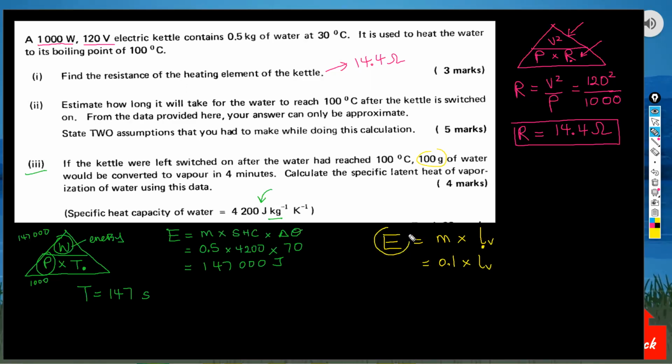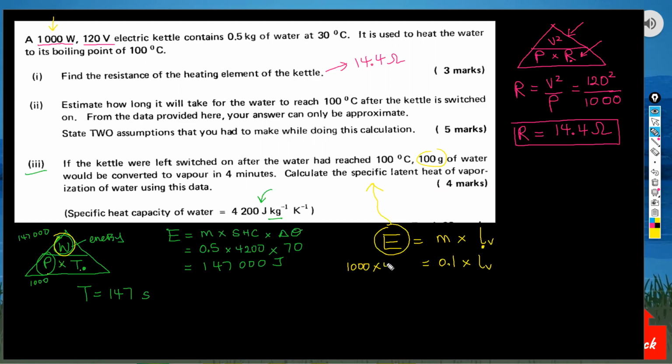We still have to find LV, but they didn't give us the energy for this process. Remember, energy and work are the same thing. How do you calculate energy? You take the power and multiply it by the time. The power of the heater is 1,000, and we multiply it by the time, which has to be in seconds, not minutes.